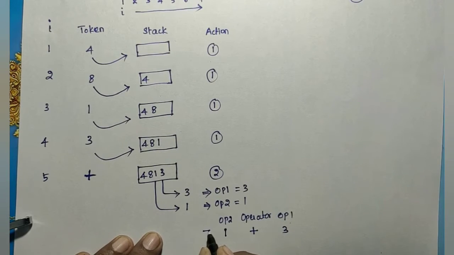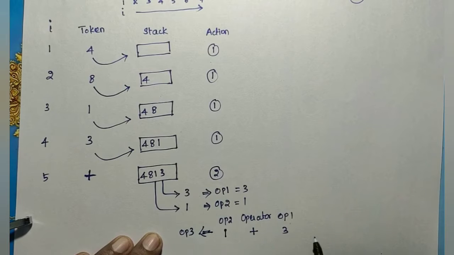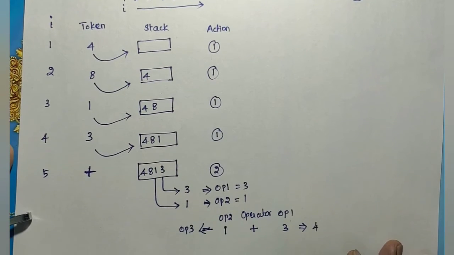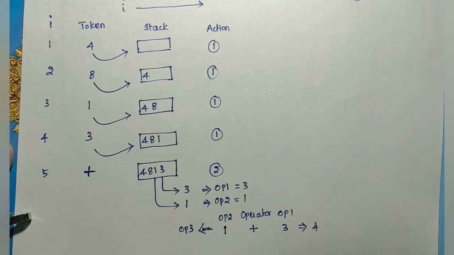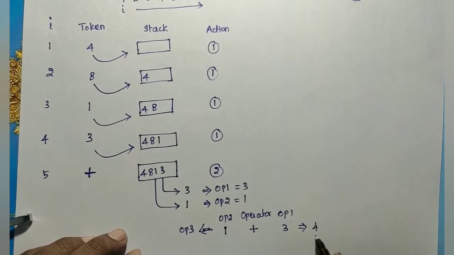So that result is stored as OP3. That result is actually 4. The 4 has to be pushed back to the stack. So that result will be pushed back to the stack.